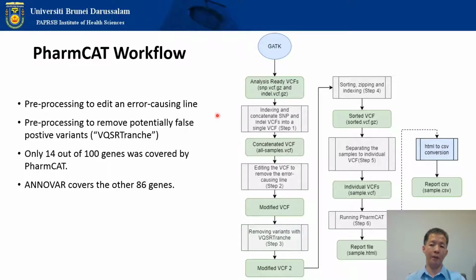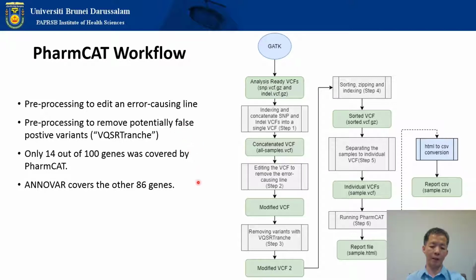The reason is that earlier on, if we fed the VCF file from GATK directly into the program, we kept running into errors, and the program just crashed without finishing. In the next slide I will talk a bit more about these particular errors.